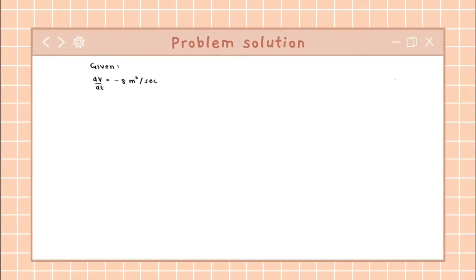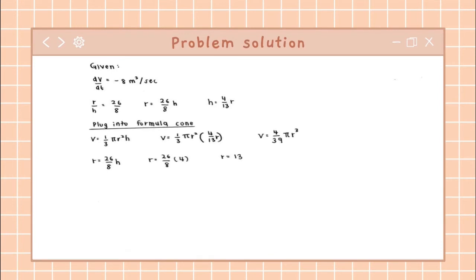Given dV/dt is 8 meter cube per second, but it is decreasing, so we put it as negative 8 meter cube per second. We have to find h in terms of r because we want to substitute into the cone formula.